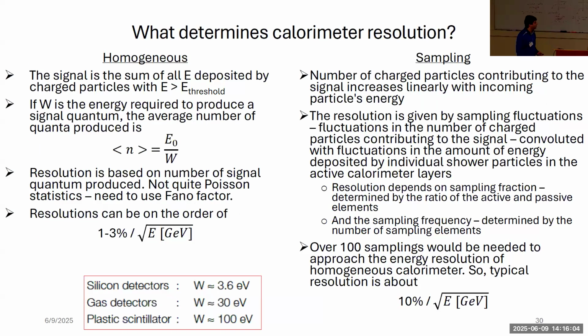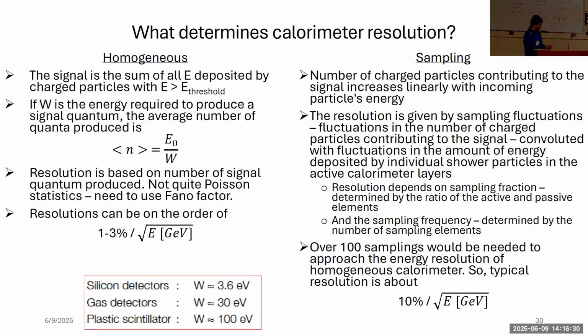Okay, so what determines calorimeter resolution? So in the homogeneous calorimeters, I think the most important thing to keep in mind is that there's some energy required to produce some signal quanta. So for example, in silicon detectors, you need 3.6 electron volts of energy to create an electron hole pair.